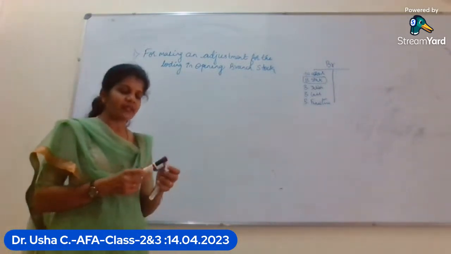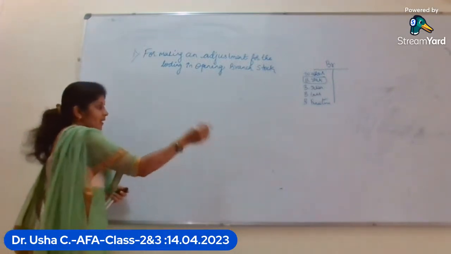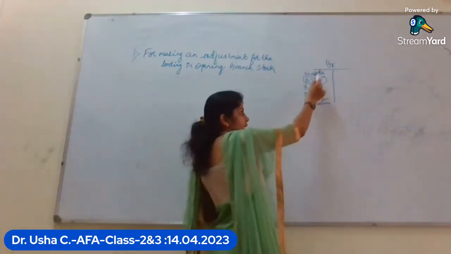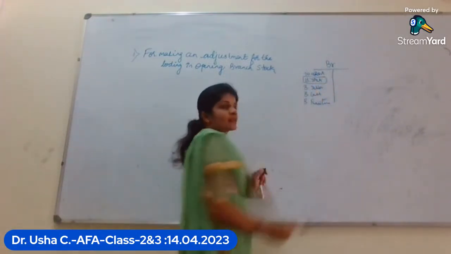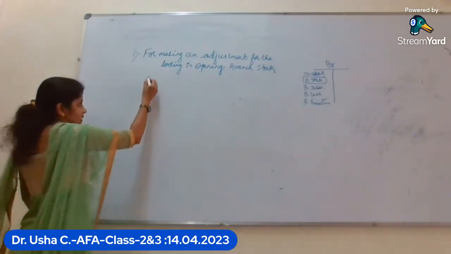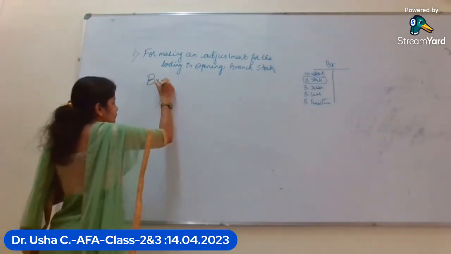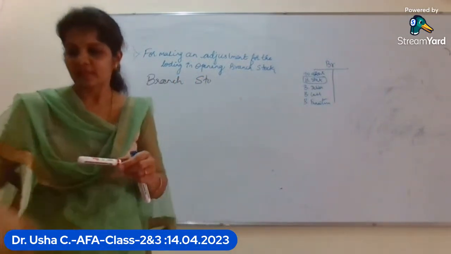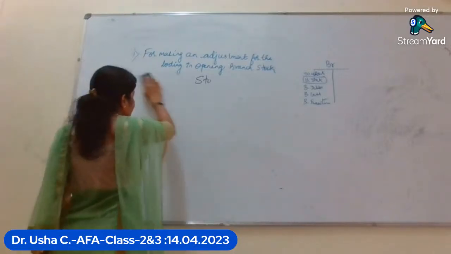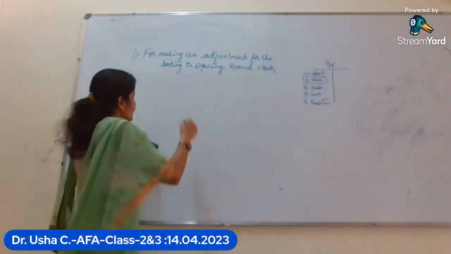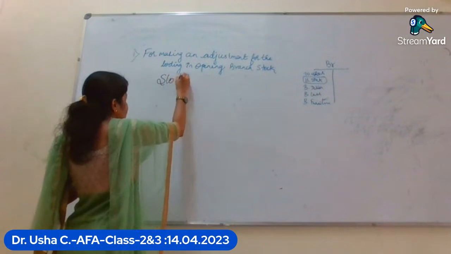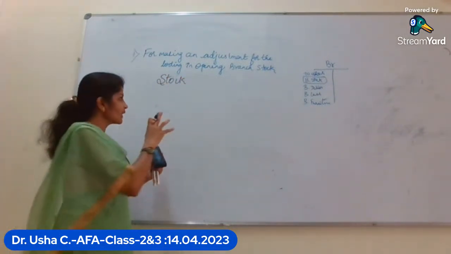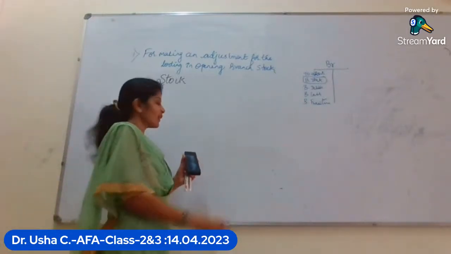The entry for this is, as I said, the reverse entry. When we are recording this as branch account debit to branch stock account, the reverse entry we have to pass. It is the stock reserve account. We don't show the same name. So we open a separate account called stock reserve and we credit this profit or loading amount there.